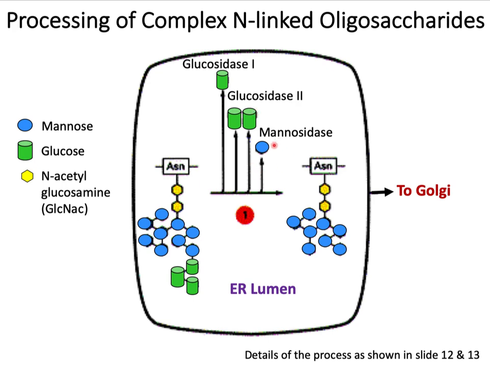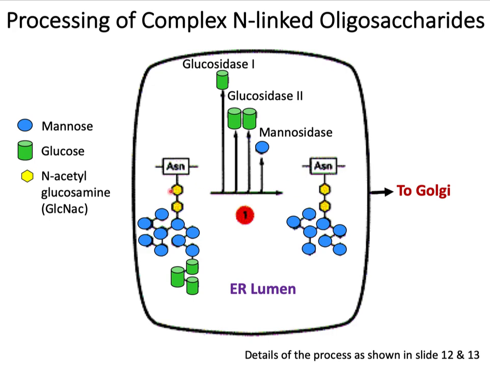And then you have a mannosidase that removes a mannose residue while in the ER. So these are all ER resident proteins, and these are known as ER glucosidase 1, ER glucosidase 2, and ER mannosidase, and sometimes they are also known as alpha glucosidase 2 and alpha mannosidase, because they cleave at the alpha carbon to remove these residues.